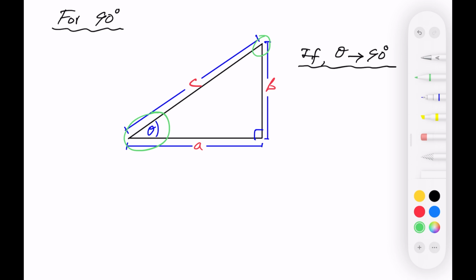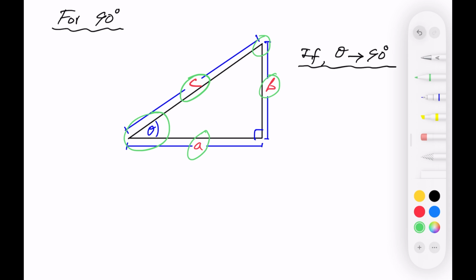In that case, these two lines of lengths C and B respectively will intersect. However, that point of intersection will be far away. And in that case, the sizes of B and C will be approximately equal to one another, and also the length of A can be negligible compared to the lengths of B and C.